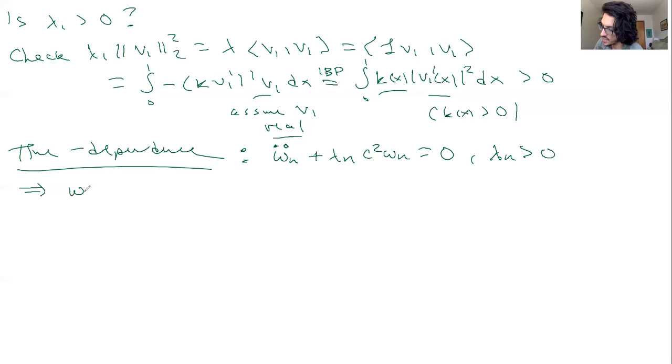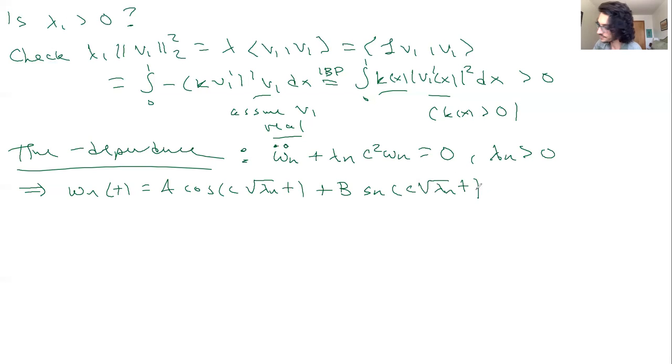And so immediately, this one's not hard to solve because we don't have variable coefficients or anything. It's just going to be sines and cosines, and their frequencies are given by c times the square root of lambda n, which are all positive, right?